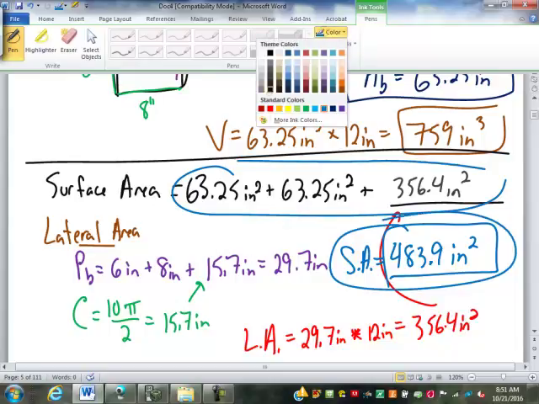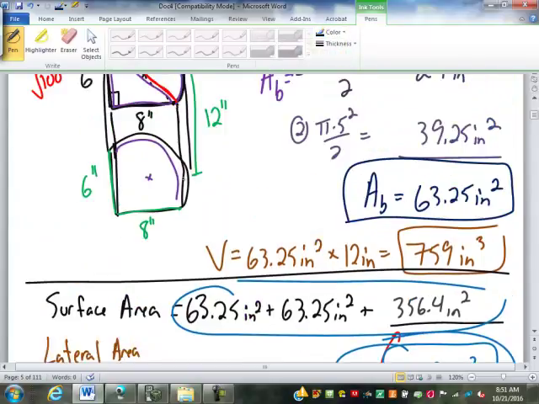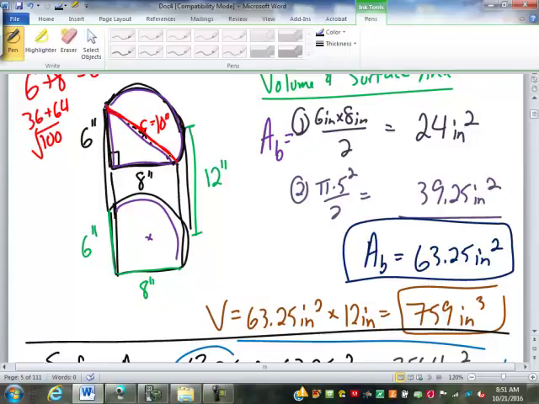So you can see that looked like a really weird, ugly shape. But the way we've defined surface area, it's no different than anything else we've done. How do you really know it's a half circle? I told you it was. Also, because you had this dotted line of diameter, you had that little X in there, that always denotes the center of a circle.